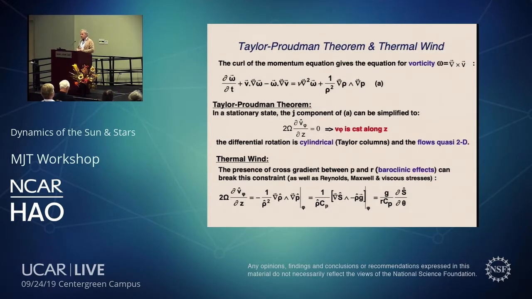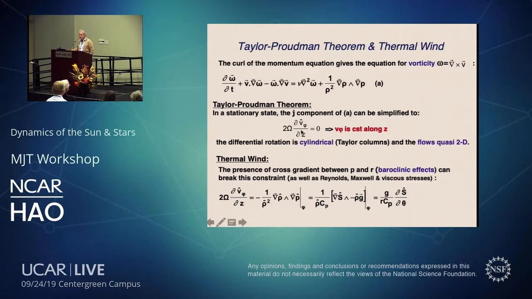One thing to explain why people were anticipating the solar differential rotation to be cylindrical, which turned out not to be the case, is what we call the Taylor-Prudman theorem. If you take the vorticity equation, which is the curl of the Navier-Stokes equation, you neglect a lot of terms, viscosity, baroclinicity, and even Reynolds stresses, by assuming that this is mostly dominated by rotation, you end up being cylindrical.